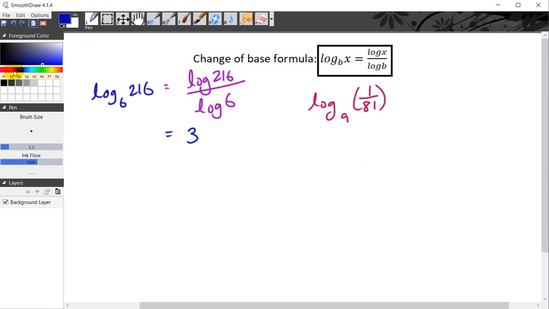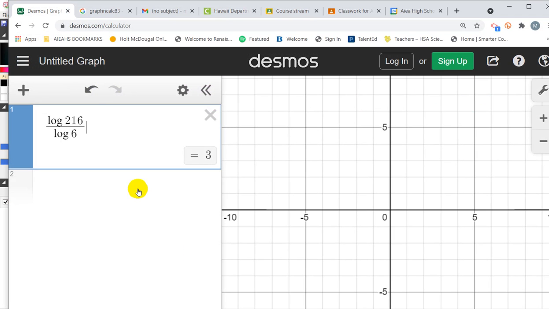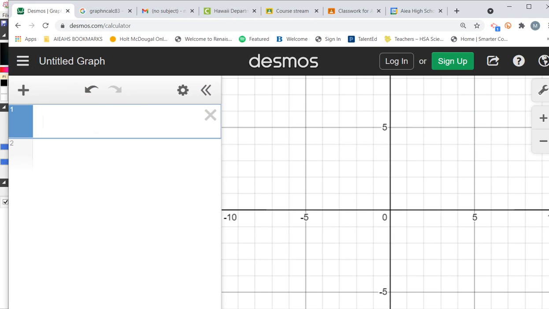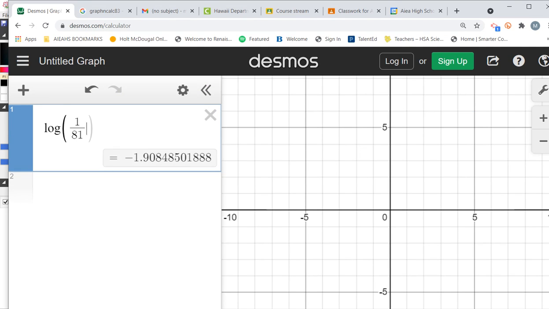We can validate this using the formula: log of 1 over 81 divided by log of 9. Let's go to Desmos and write that. Log, parentheses, 1, backslash for division, 81, so log of 1 over 81.